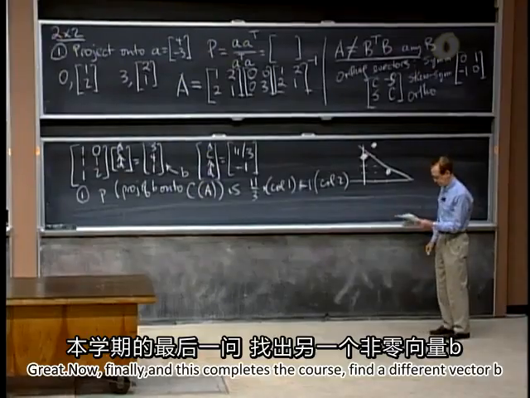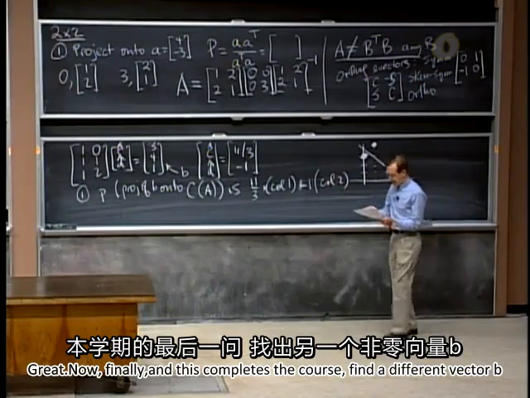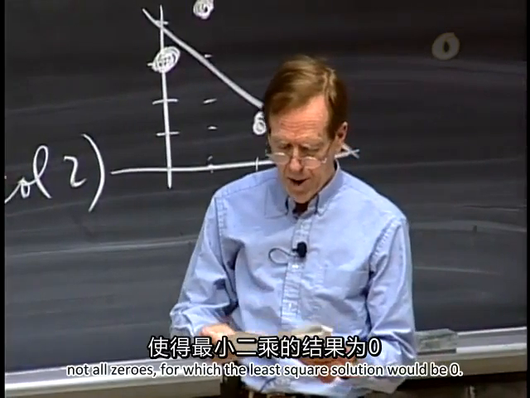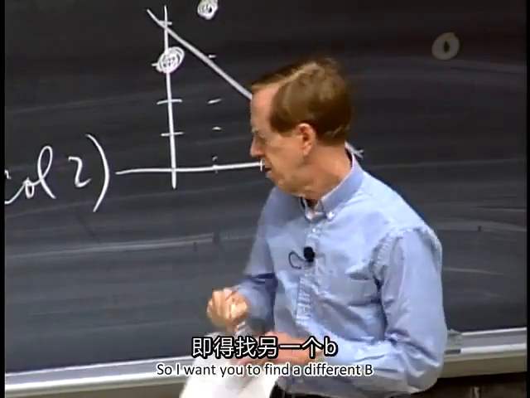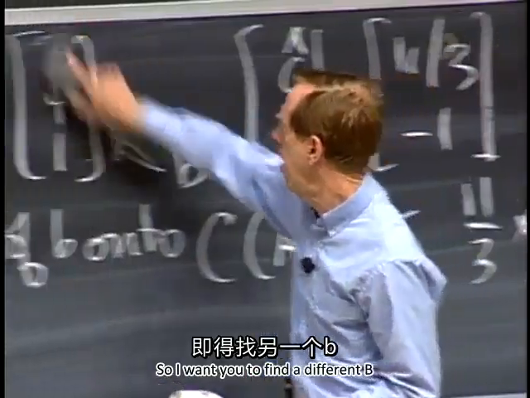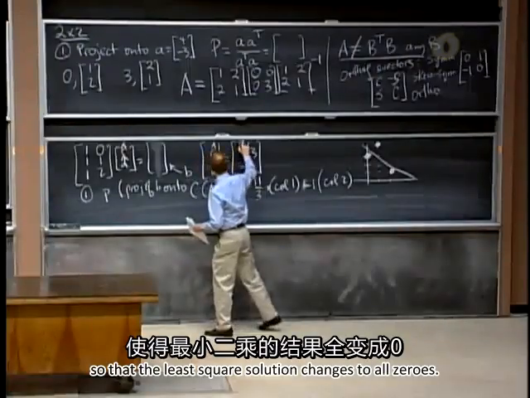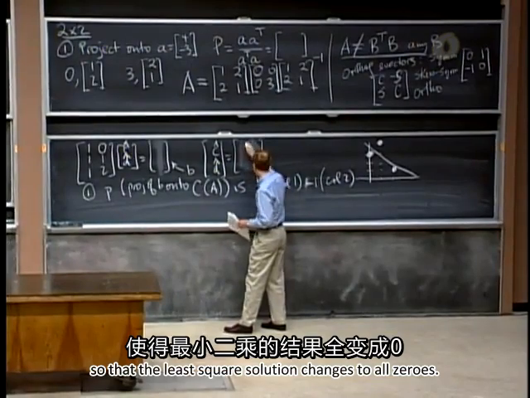Okay, great. Now, finally, and this completes the course, find a different vector B, not all zeros, for which the least squares solution would be 0. So I want you to find a different B so that the least squares solution changes to all zeros.